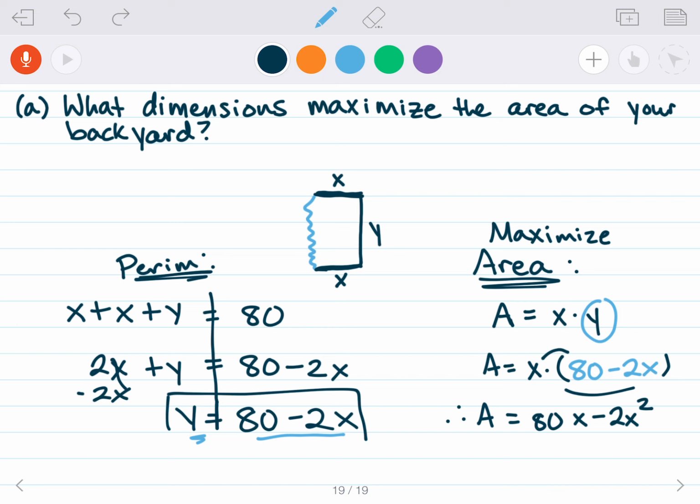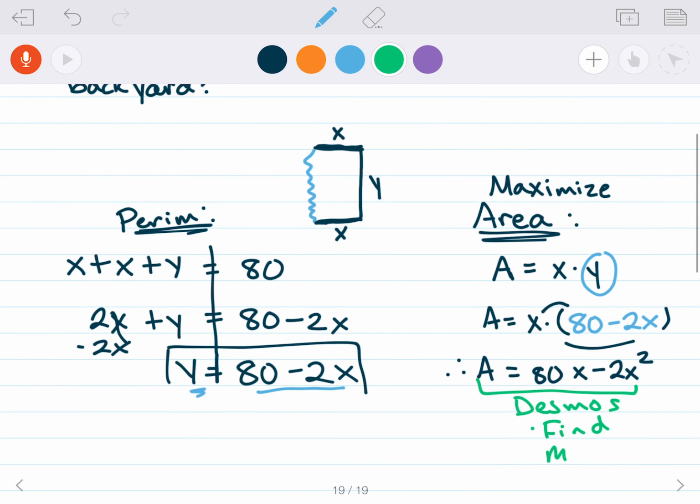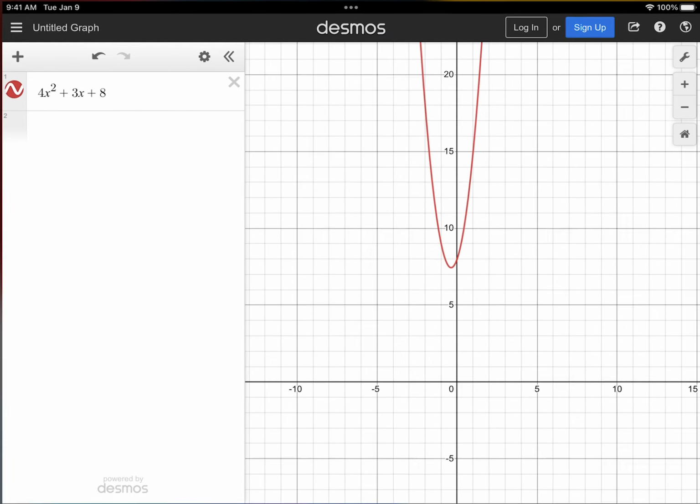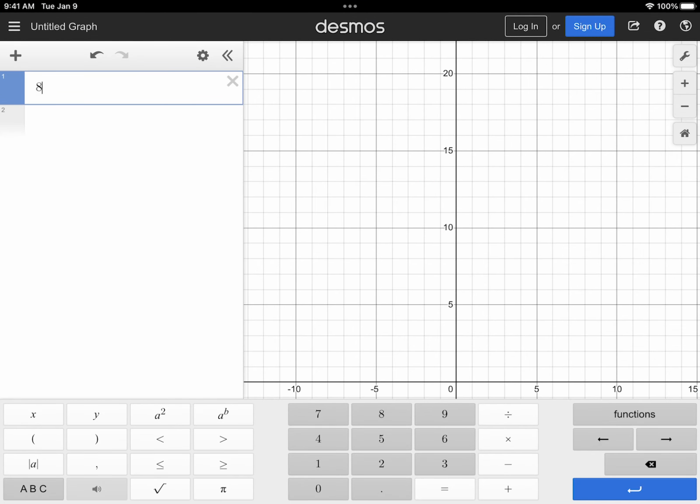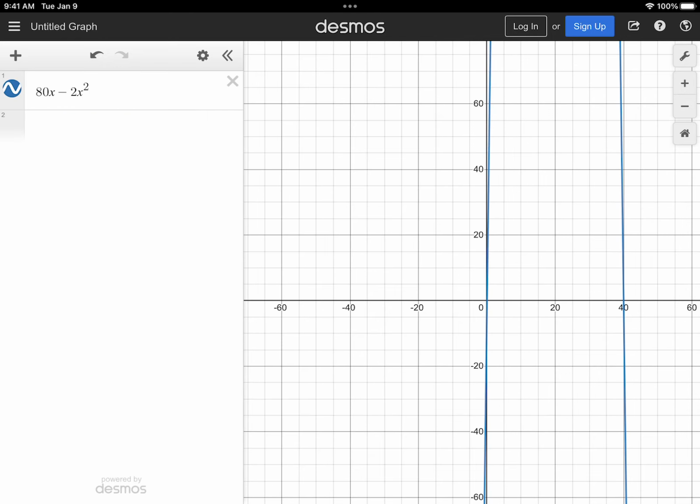So what we can do is look at this on Desmos. We're going to find the maximum. That's going to be the tip of the parabola. So 80x minus 2x squared.